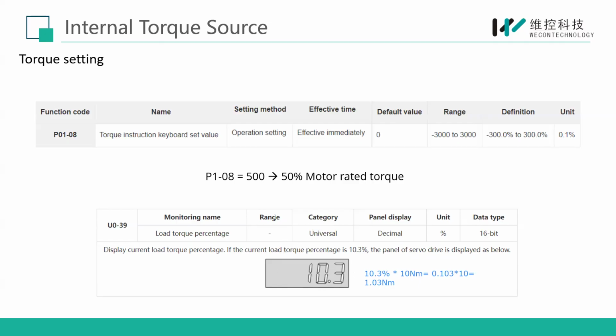So this is how to set and read the torque of our motor.